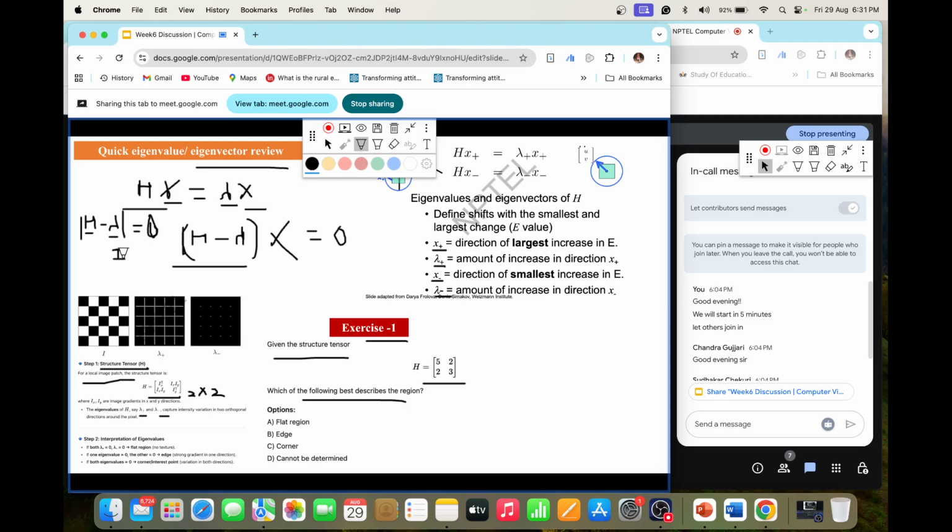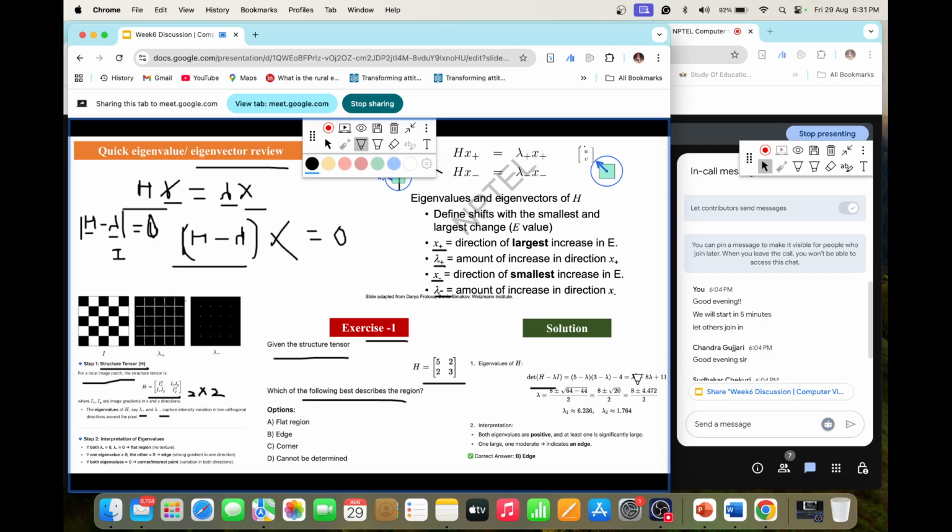I is nothing but your identity matrix, that is 1 0 0 1 in case of 2 cross 2. So H minus lambda I will be 5 minus lambda, 2 and 3 minus lambda, and then just take the determinant of it and you will get lambda. So the determinant is 5 minus lambda into 3 minus lambda minus 4.